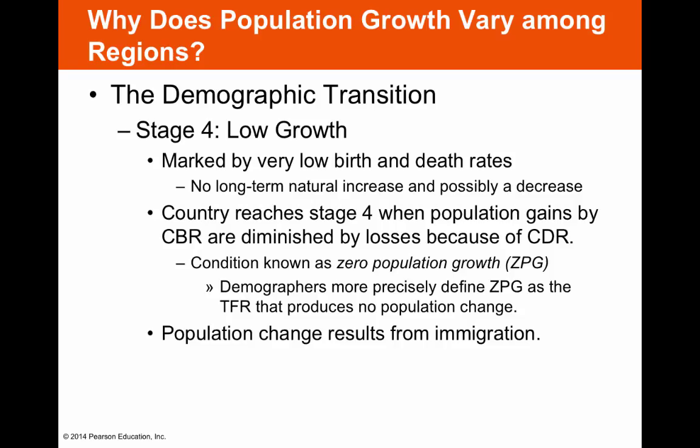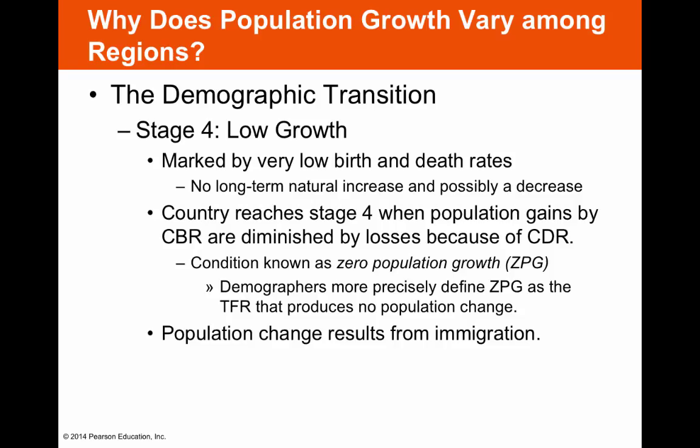And this is when we have zero population growth, or ZPG. Demographers, not just random people walking down the street, more precisely define ZPG as the total fertility rate that produces no population change.